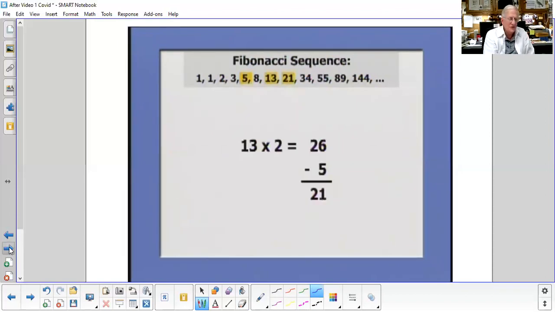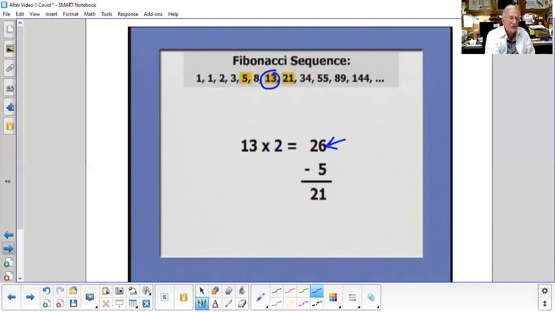Now, this is just showing the same concept, except it's a little different. Is there another way to generate this series besides adding 2 numbers together to get the next one? Well, look at this one. If I take the Fibonacci number 13, and if I multiply it by 2, I get the 26 that's right there, right?